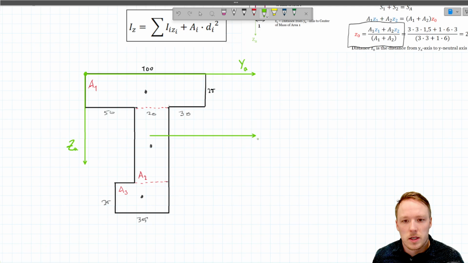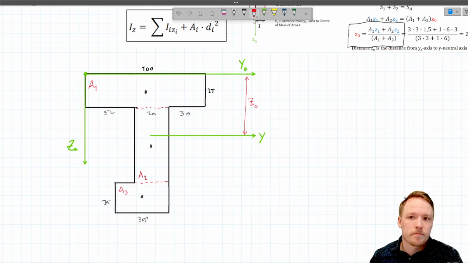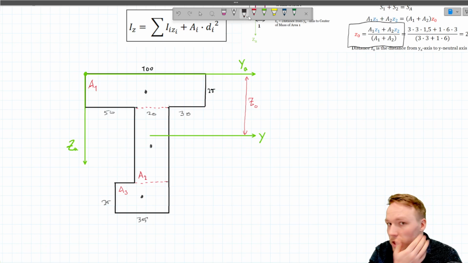So this is where our y-axis is probably going to be, roughly. And now what we're trying to solve is the distance from here to here, Z0.